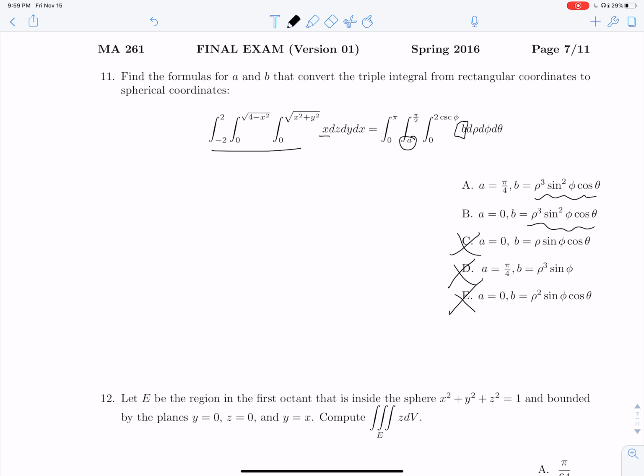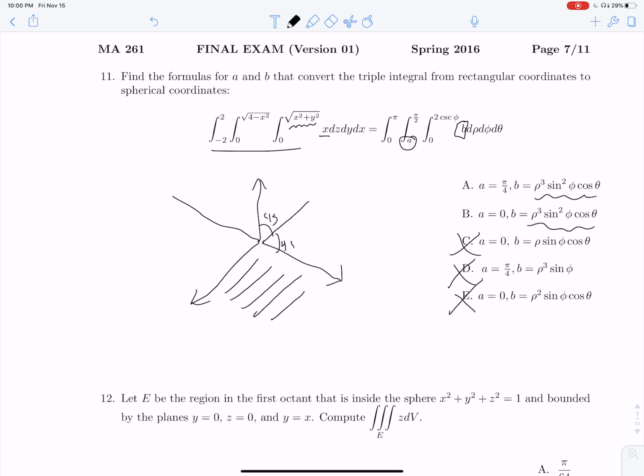Okay, moving on, we see that z is bounded on the bottom by the xy plane. So if we graph this thing really quickly, z is bounded by 0, and on the top by the cone z equals r, which is just going to go out at 45-degree angles and all the way around.